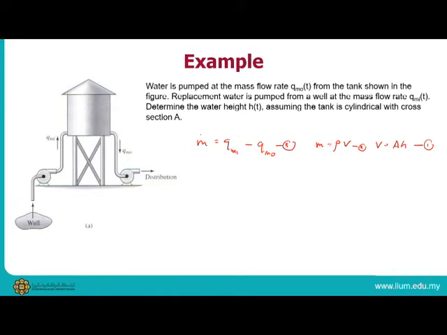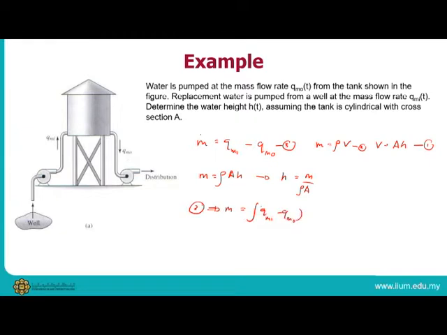You insert 1 into 2, so you can get M equals rho A H. H here is H in terms of t, so you want to put it on one side, so you can get H equals M over rho A. From equation 3, you can get M equal to the integration of QMI minus QMO.